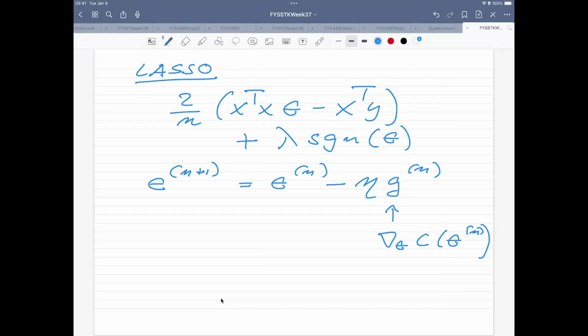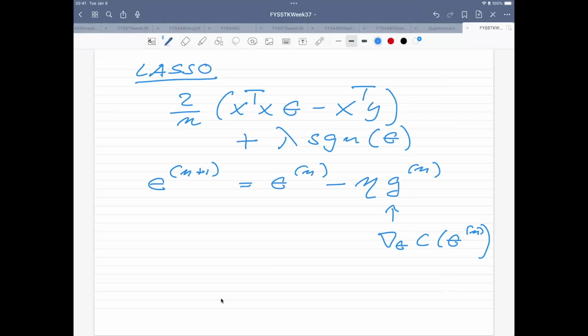Now, I'm just going to do a small intermediate step here in order to find the optimal eta by looking at a Taylor expansion around that specific value for theta.